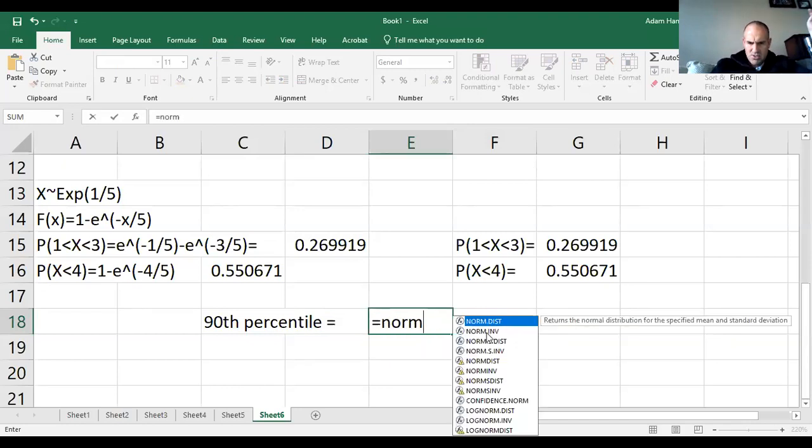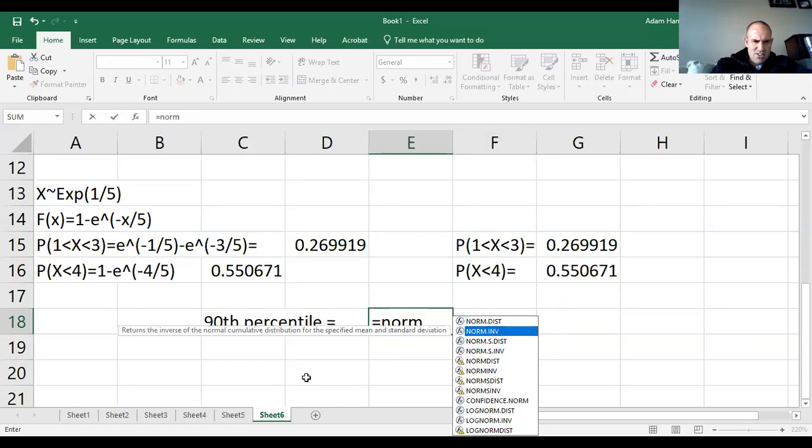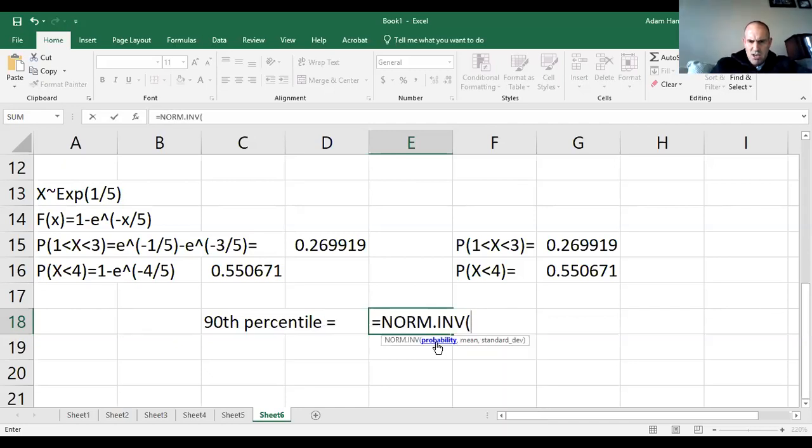So this one right here says normal inverse distribution. See that? This says returns the inverse normal cumulative distribution for the specified. So it says inverse. That means that you're going to input a percentage. It says, give me a probability that you want below this thing, give me a mean, a standard deviation, etc. And it will actually tell you, here's the x value that corresponds to that.